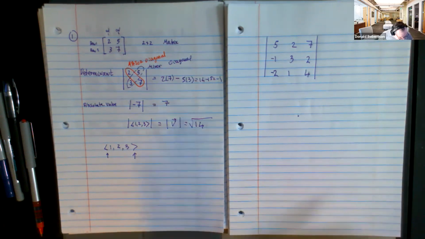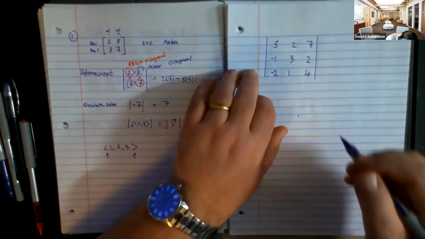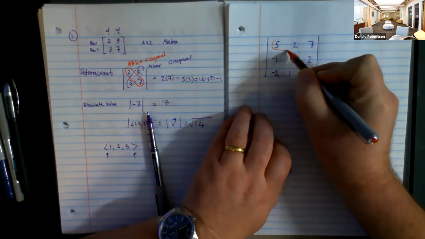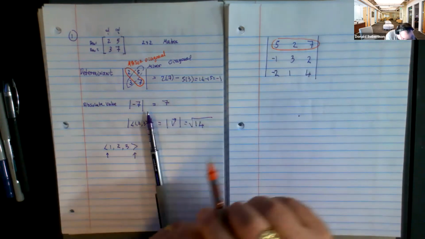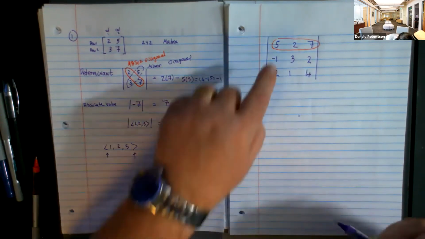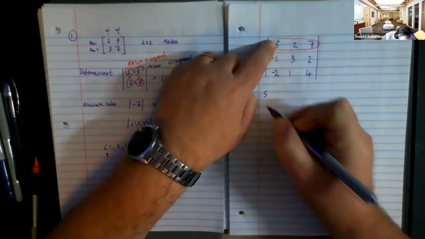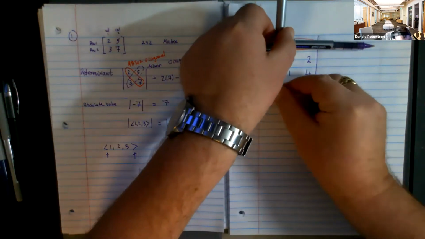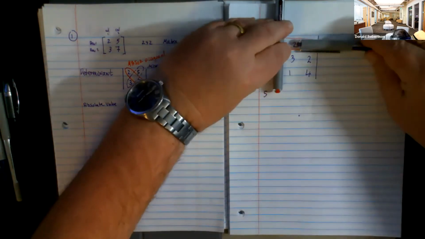So this is the geometry way of doing it. You start with the first row. The first guy is 5. You cover up that row and that column. There we go.